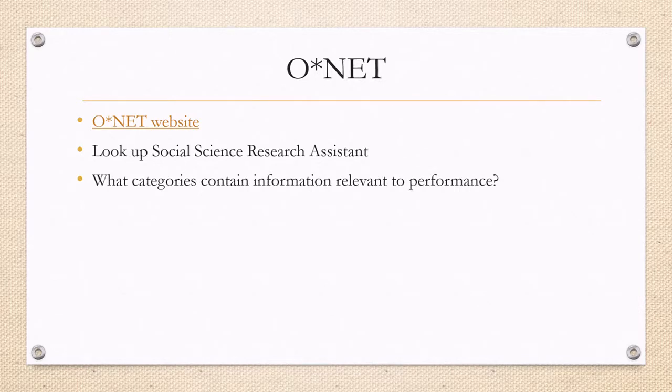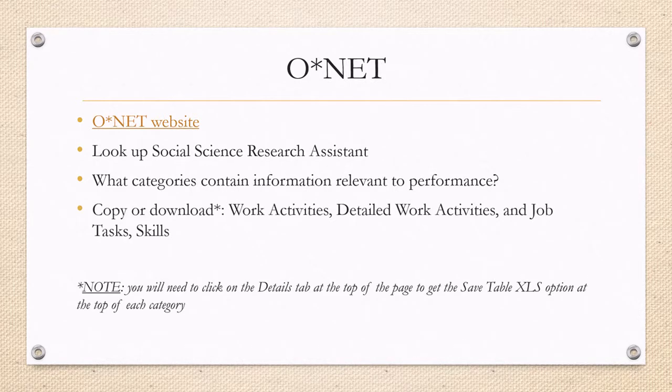I'd like you to copy down or download any tables for work activities, detailed work activities, job tasks, and this is just labeled as tasks at the top, and skills. And note you will need to click on the Details tab at the top of the page to get the Save Table XLS option.